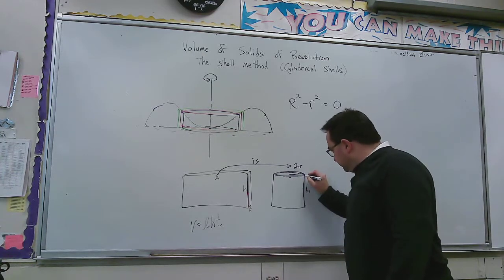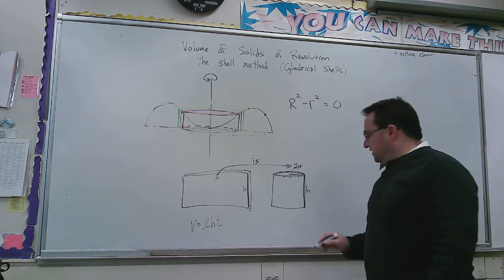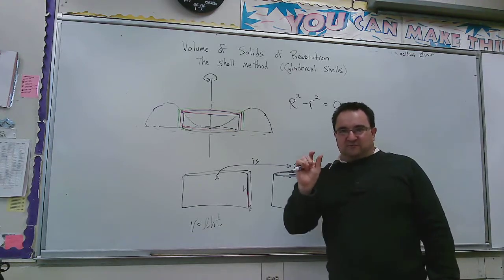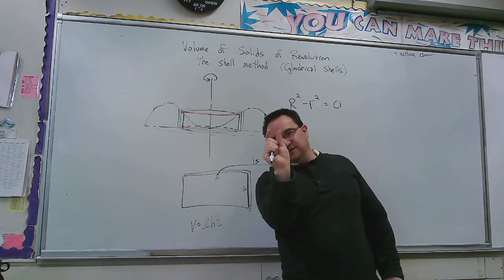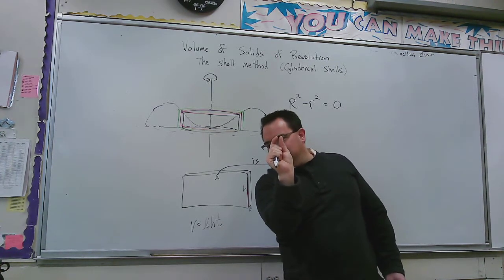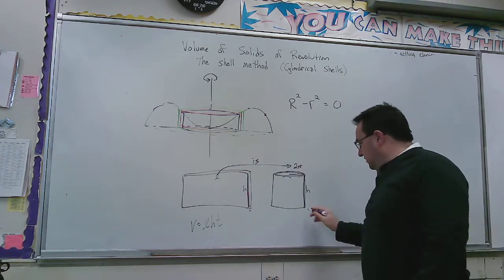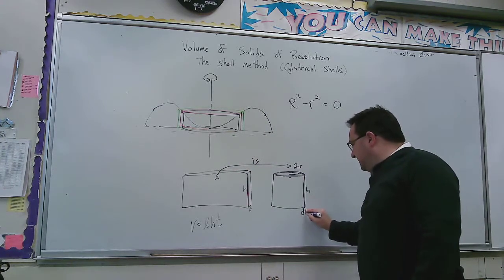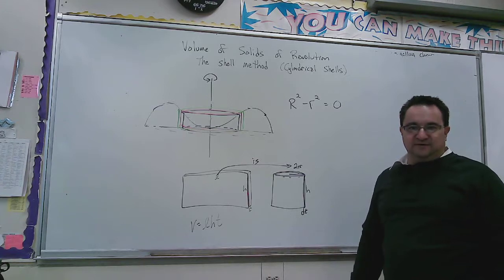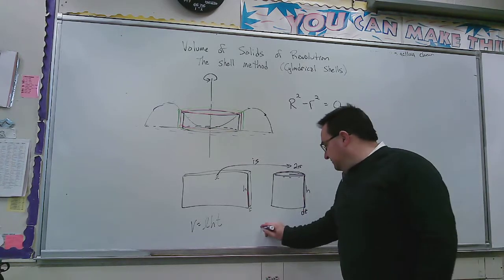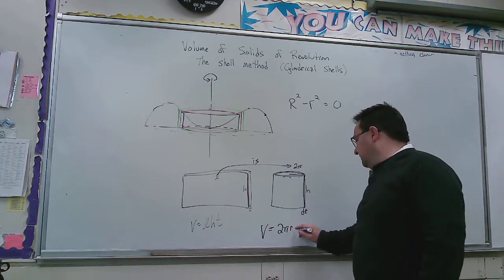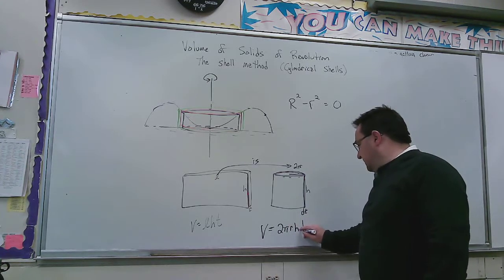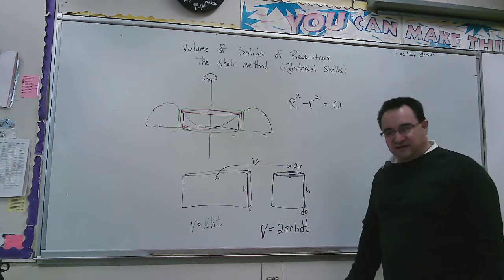And the thickness of this is going to be very thin. Remember in calculus how we think about a smaller thickness, an infinitesimal thickness? I would call that dt, for d thickness. So the volume of this would be 2 pi r times h times the thickness, which is infinitesimal.